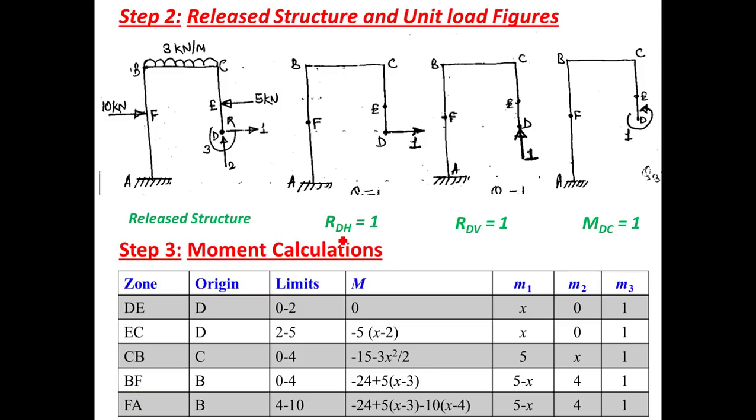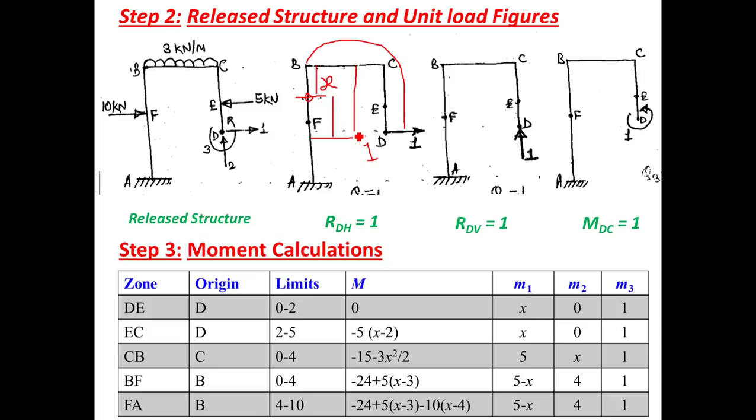Now we have to take a section in the second figure. Same section, so this distance is x, and now 1 is acting here. On the right portion of this figure there is again the same unit load. If you extend this 1, now this is the perpendicular distance. We are taking moment here.